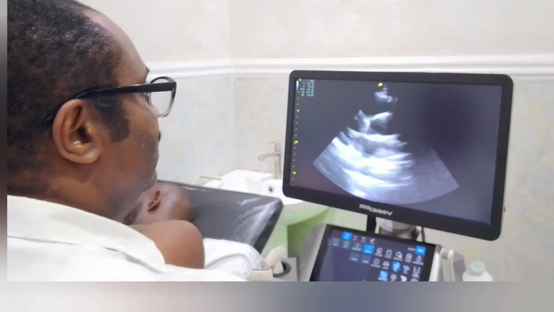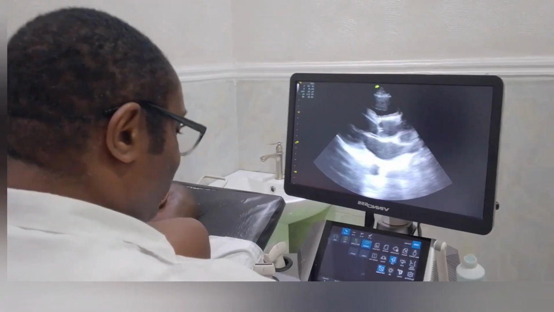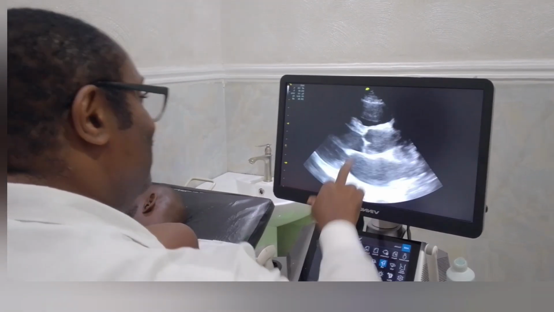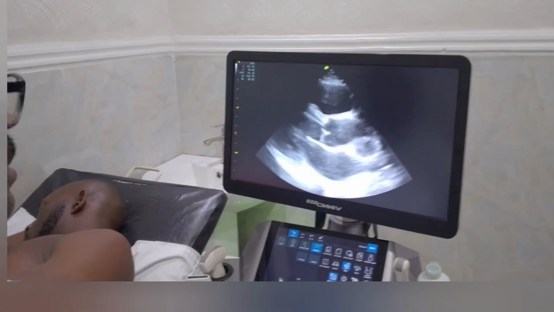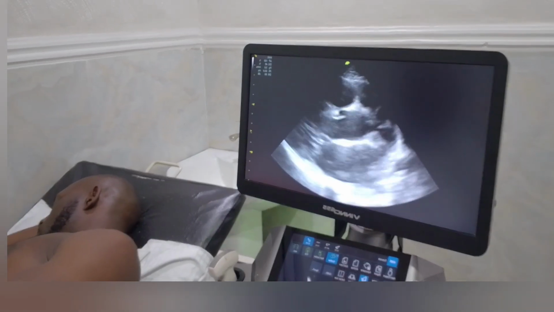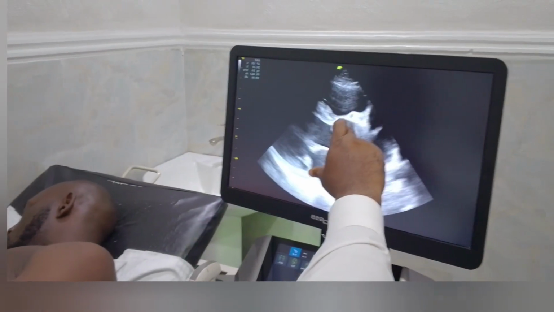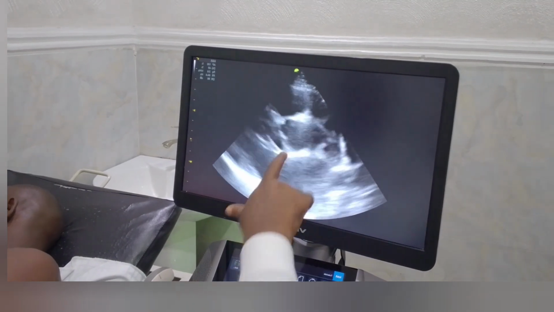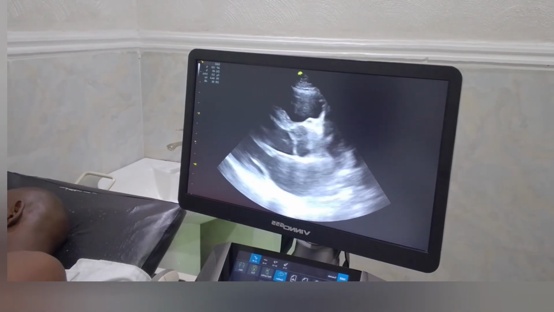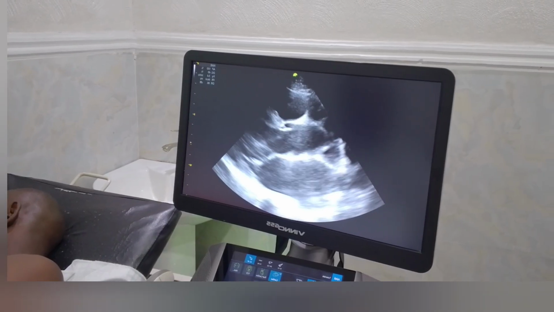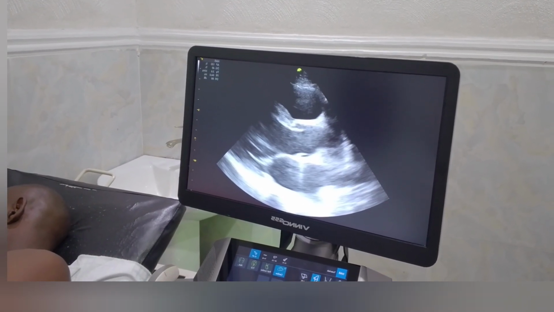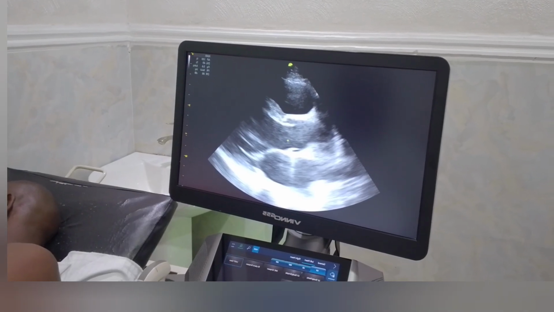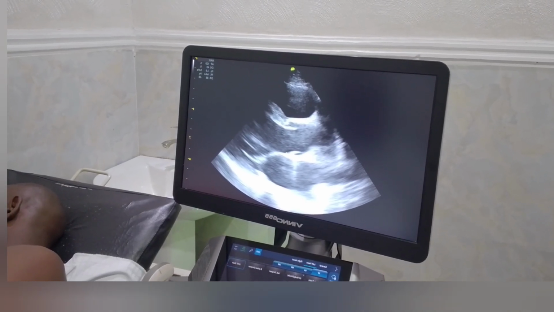Then we'll evaluate the leaflets. We'll zoom in and evaluate the aortic valve leaflet, right? Now we say the one in front, the anterior leaflet, is the what? The right coronary cusp, while this posterior one is the non-coronary cusp. So when it's fully open, we measure the left ventricular outflow tract diameter. This is where we measure it from.